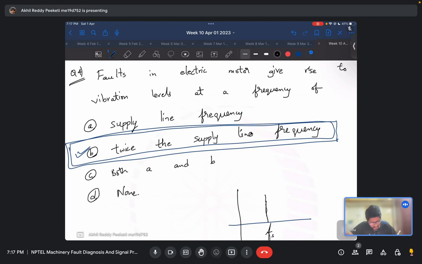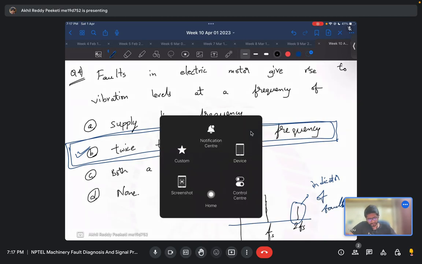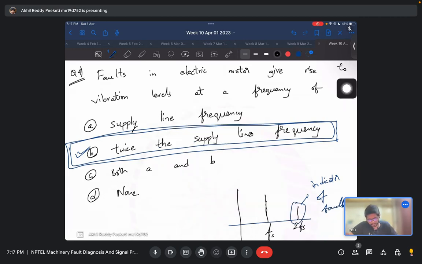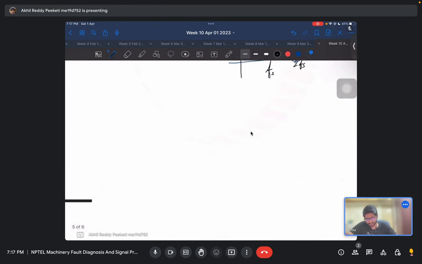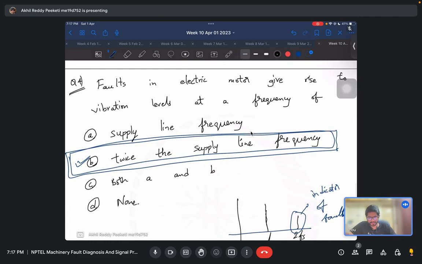But if you are also seeing some more vibrations at twice the supply line frequency, then that means there is a fault in the motor. I hope this is clear.